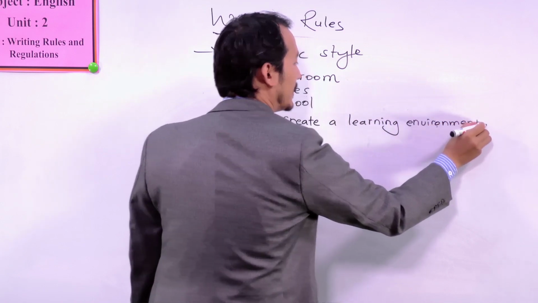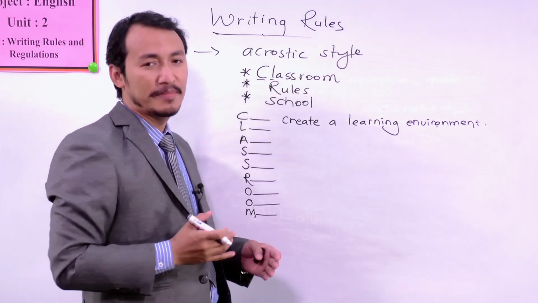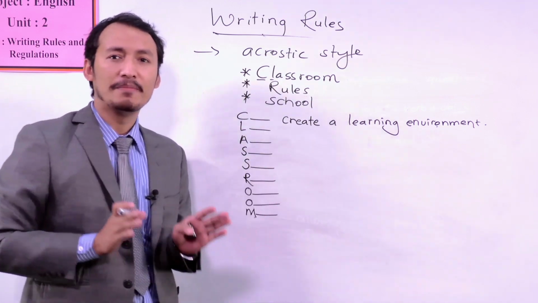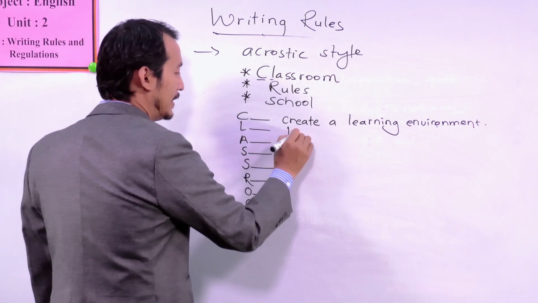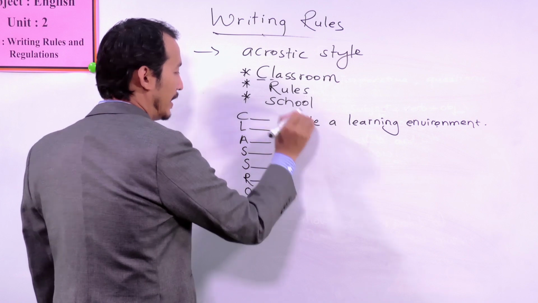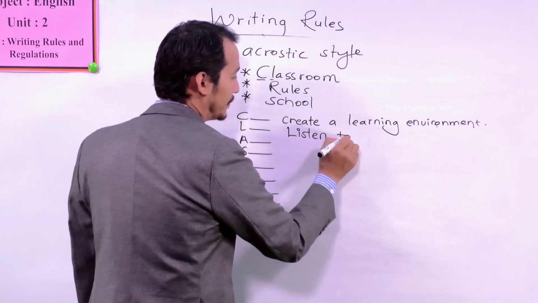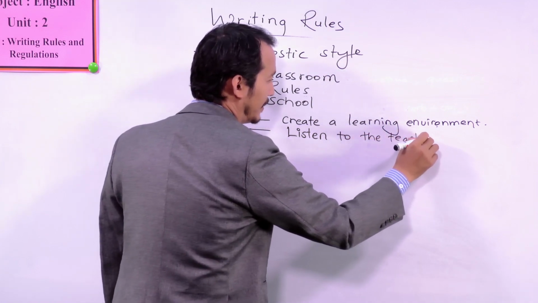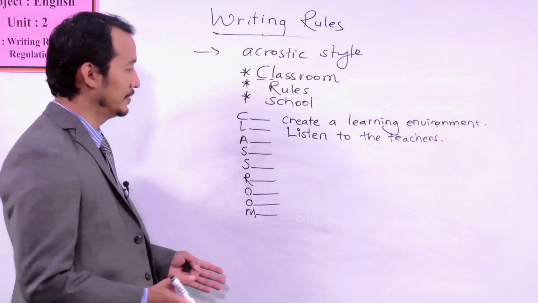Okay, this can be one rule. Create a learning environment means do not make noise or do not bully others. Another, L. L can be used for listen to the teachers. This is one of the best rules that we have to follow.